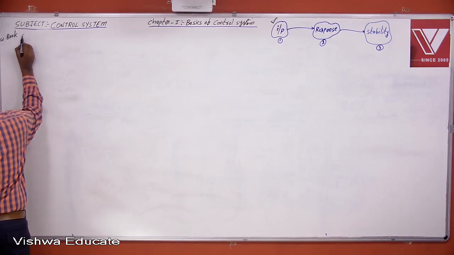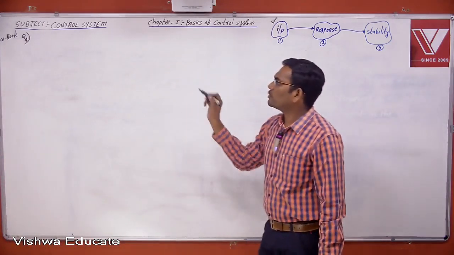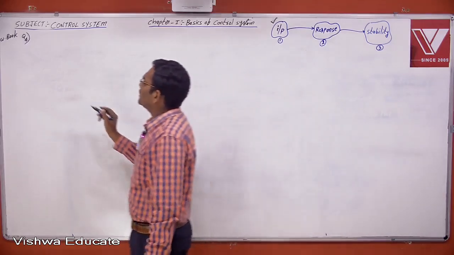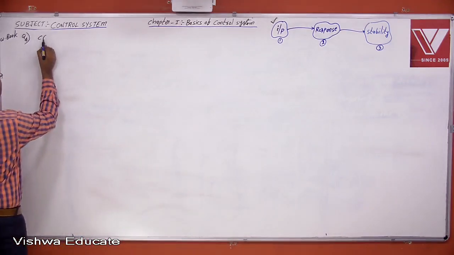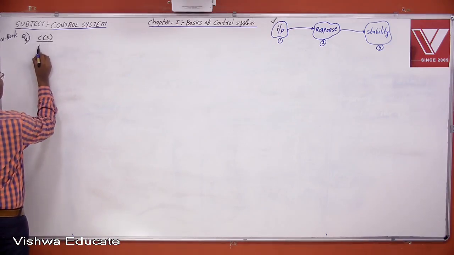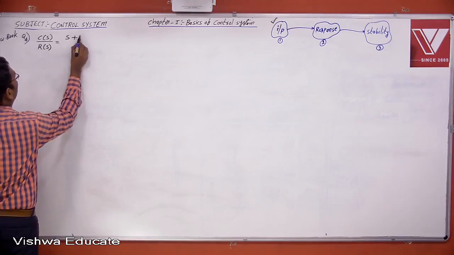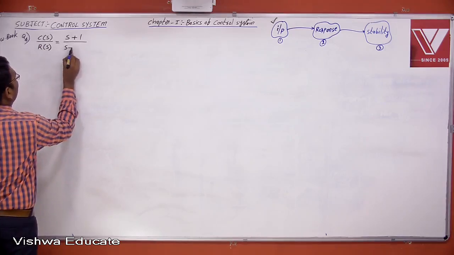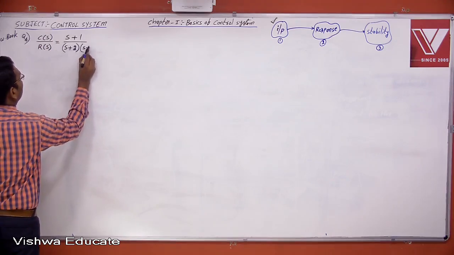See here, question number 4 is: by considering the closed loop control system, C(s)/R(s) = (s+1)/((s+2)(s+3)).